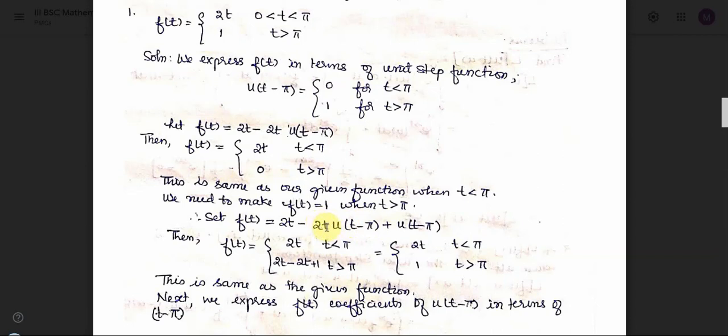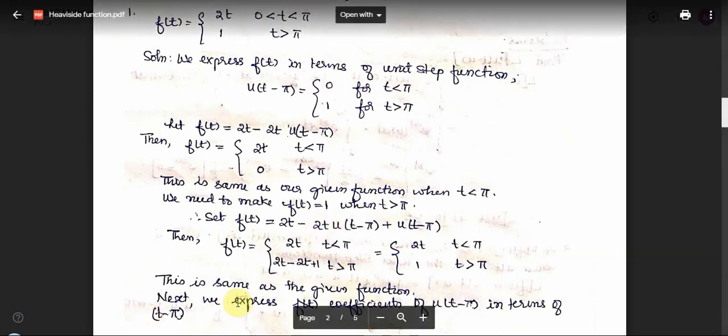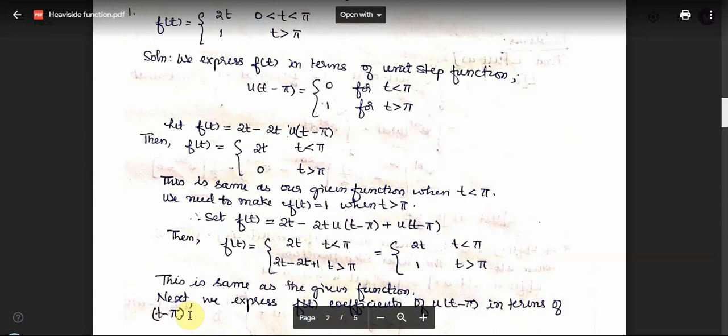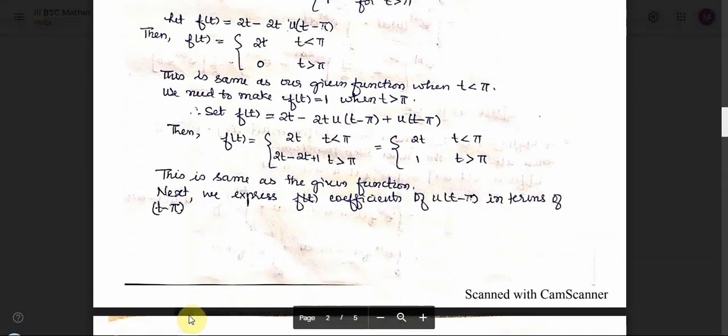Therefore, I have to express the coefficients of u of t minus pi in terms of t minus pi, because we know the Laplace transform of f of t minus a into u of t minus a. When it is t minus pi, the coefficient should be in t minus pi.